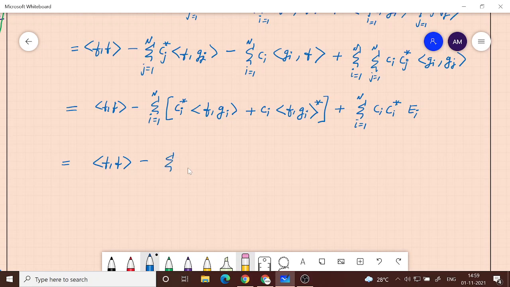So sigma i going from 1 to n, let me take ci star f comma gi plus, I am dividing it with ei and taking my ei outside, and then ci, here it is f comma gi conjugate by ei, then the final term is going to be ci star. So I have taken ei outside.